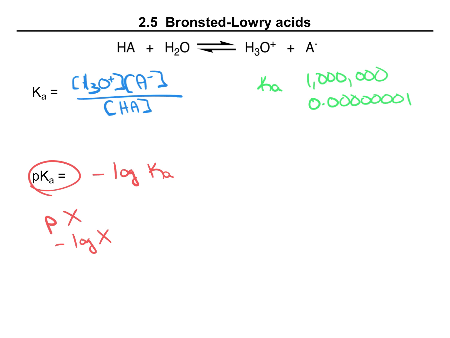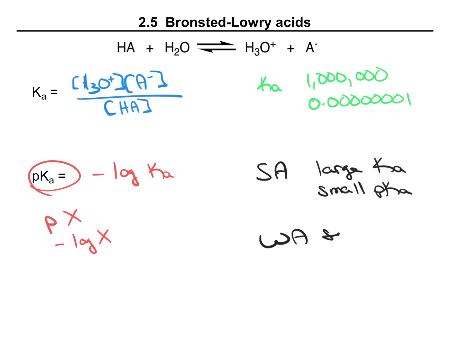It's not intuitive anymore, but it's a lot easier to use. So anytime we are talking about a strong acid, this has a large Ka, but a small pKa. Whenever we're talking about a weak acid, this has a small Ka, but a large pKa.